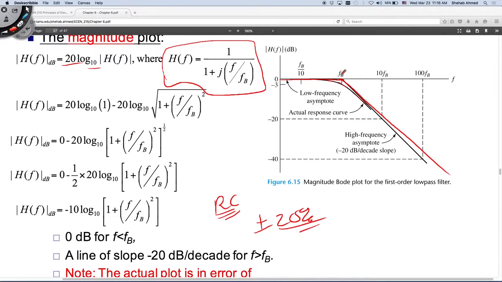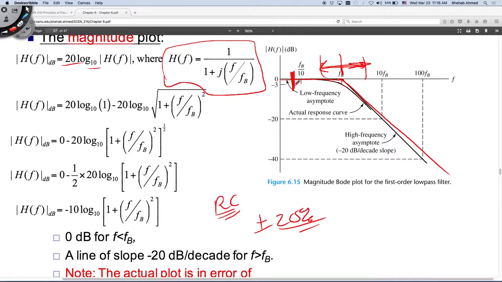Otherwise, what does that mean? If the tolerance is not very tight, it means this FB is moving between here and here, for example. That's what it means for the filter, which means the signal that you can pass through and attenuate is not very well defined, right? Which is okay if, for example, my signal is here. I don't care if FB bounces between these two points.